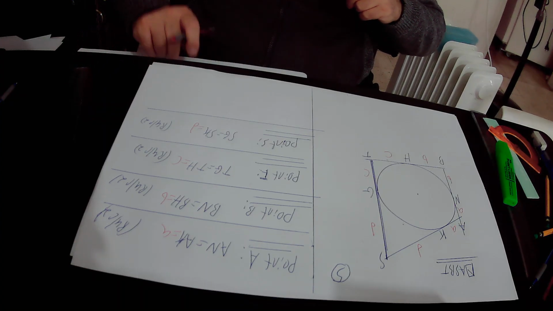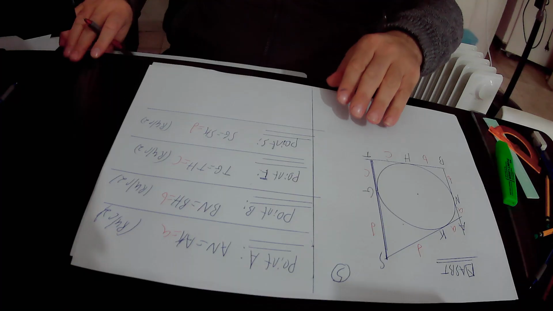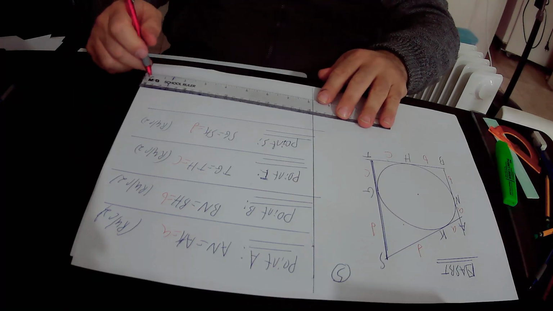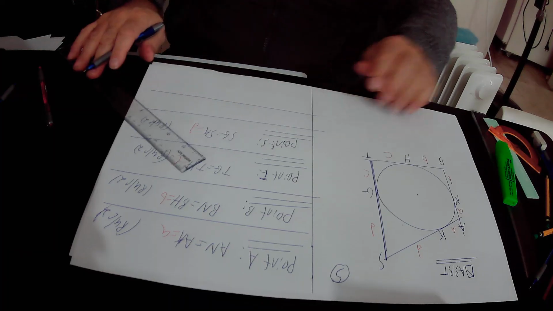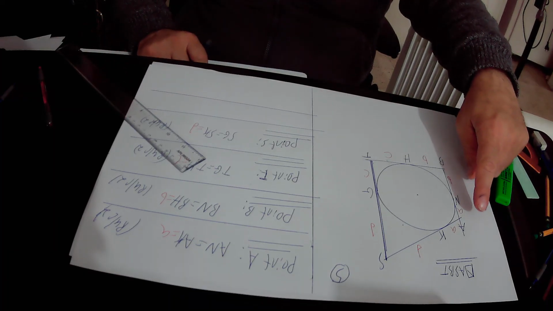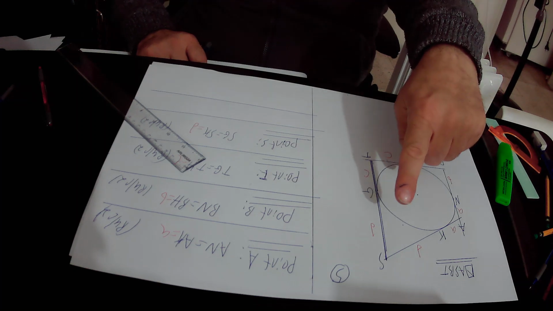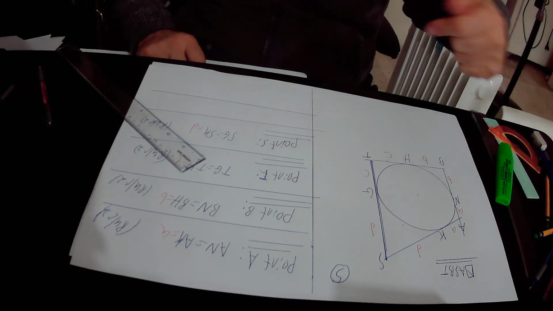In the next step, we will join side AB to side ST in this quadrilateral ASBT.